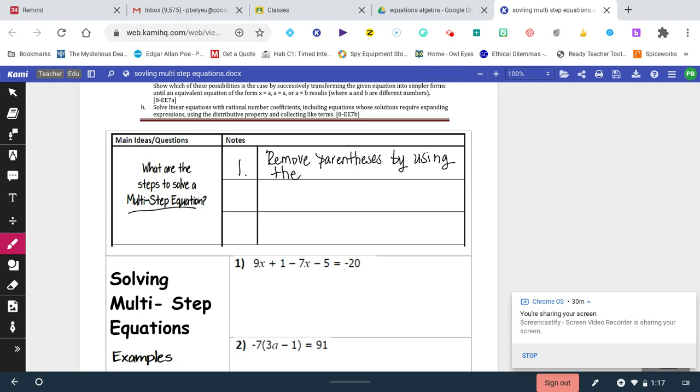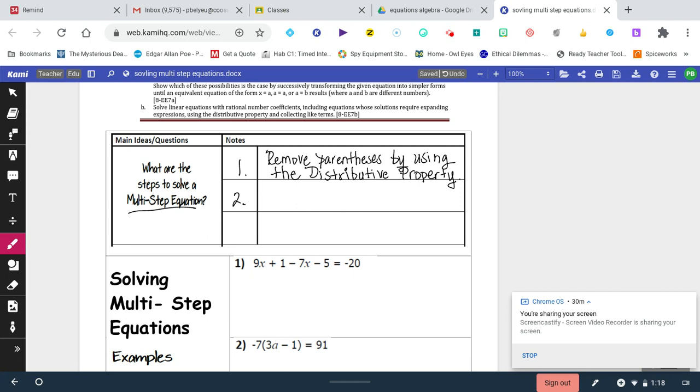So if you see any parentheses, that's the first step. And guys, I want you to make sure that you pause this video and you take notes too, especially on this part, okay? Take notes on notebook paper.